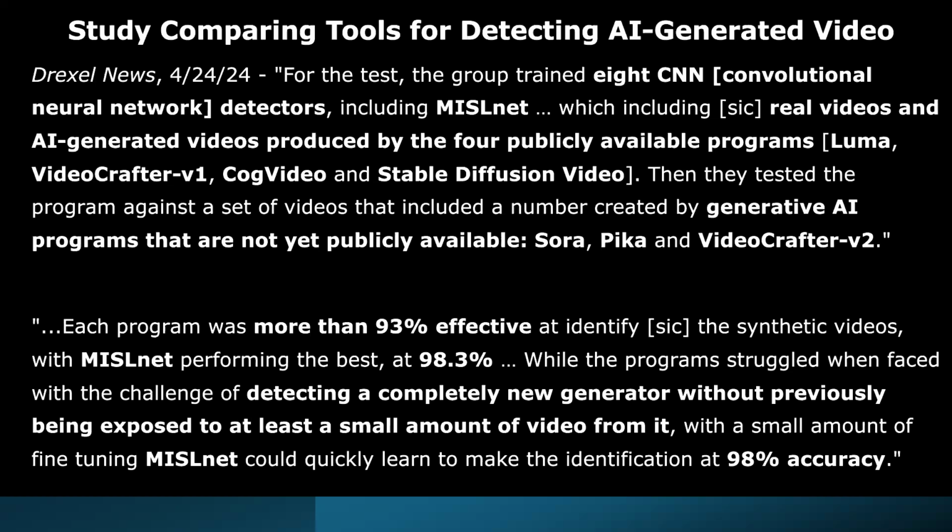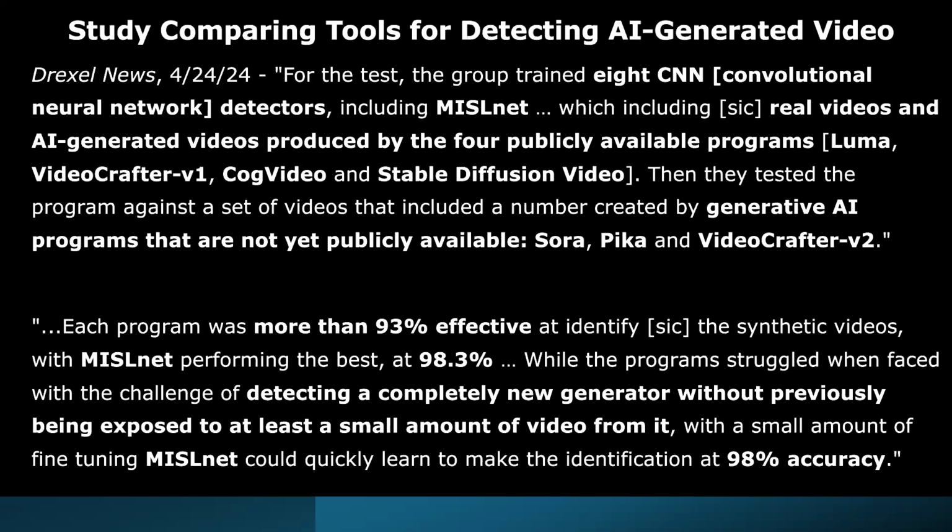The article outlined the results of the study by indicating that, quote, "Each program was more than 93% effective at seeking the synthetic videos, with MISLNet performing the best at 98.3%. While the program struggled in facing the challenge of detecting a completely new generator without previously being exposed to at least a small amount of video from it, with a small amount of fine-tuning, MISLNet could quickly learn to make the identification at 98% accuracy," end quote.